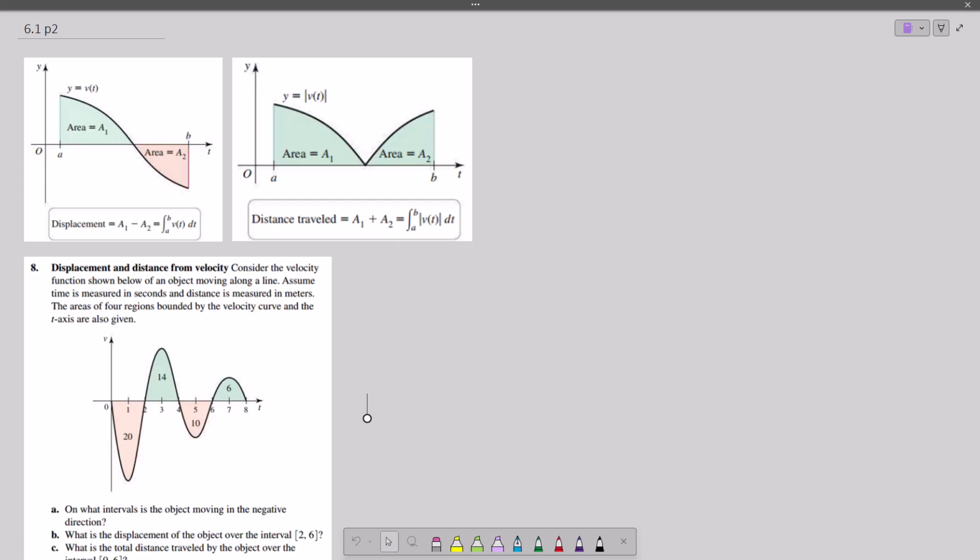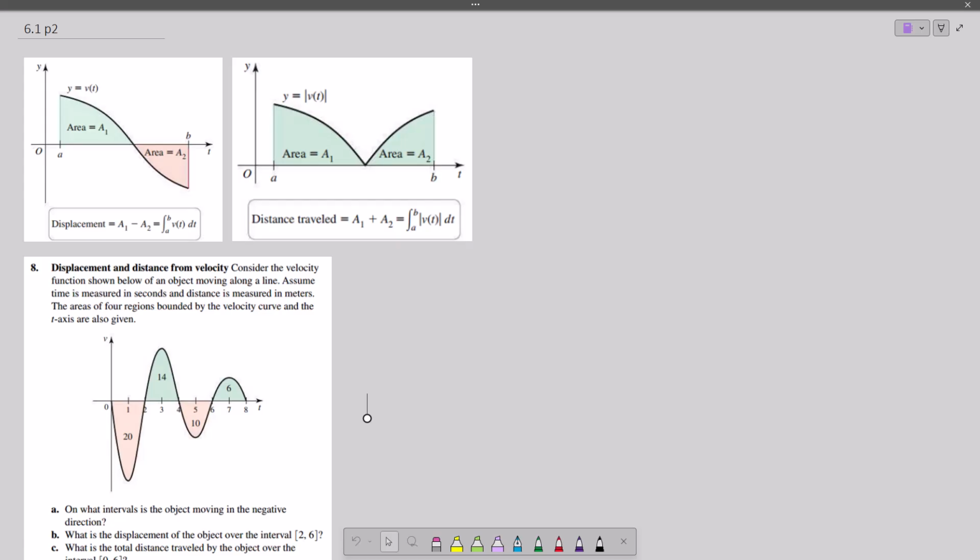Upper minus lower. Does that make sense to everyone? So if your function is only above the x-axis, or the t-axis, the horizontal axis, you're going to get whatever that area is. But if that function passes through the x-axis, you get that upper area minus the lower area. Right? So that is going to be displacement.